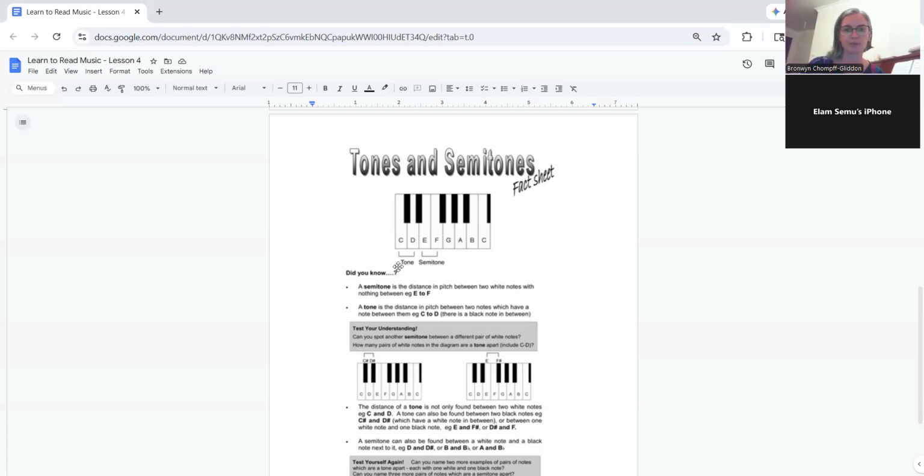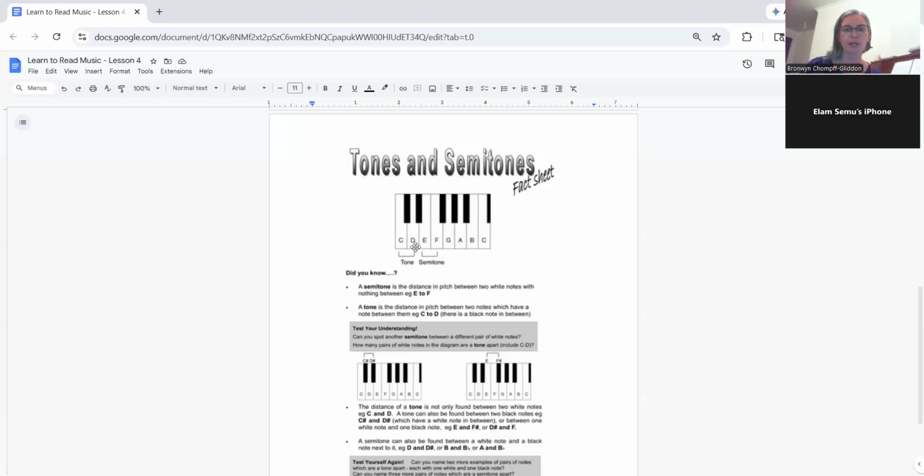And so in a major scale, so we've got this one of C major, where we've got a tone and then another tone, and then E to F is a semitone. And then F to G is a tone, G to A is a tone, A to B is a tone. So it's tone, tone, semitone, tone, tone, tone, and then another semitone at the end.